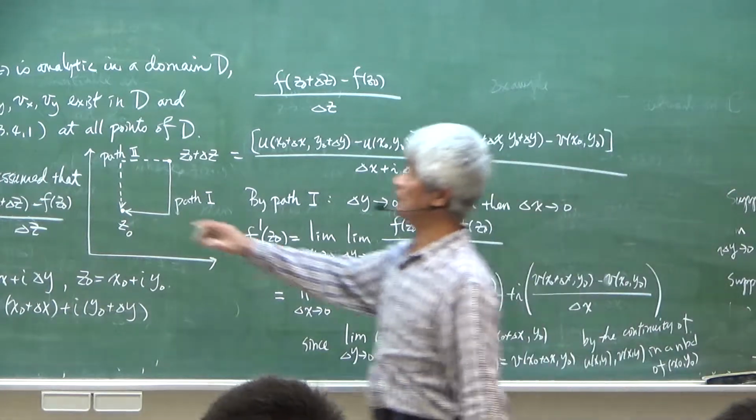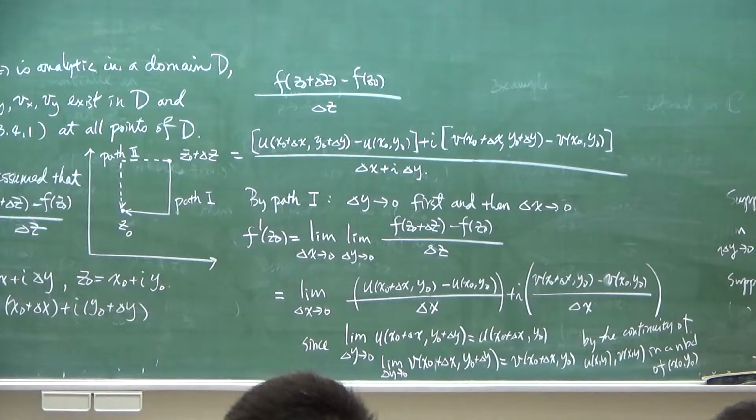Because when we say a function f(z) is analytic at a point, it means f(z) is analytic in a neighborhood, so f(z) is differentiable and continuous in the neighborhood. And so the real part and imaginary part functions u and v are continuous in this neighborhood of points in the plane.